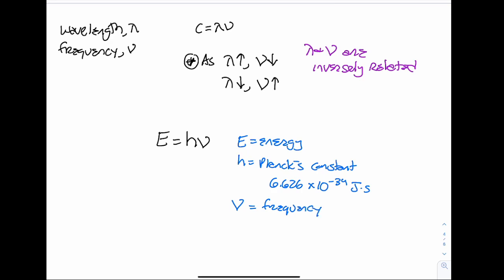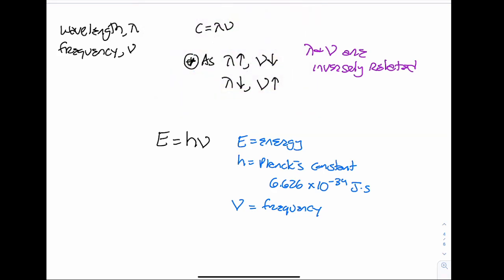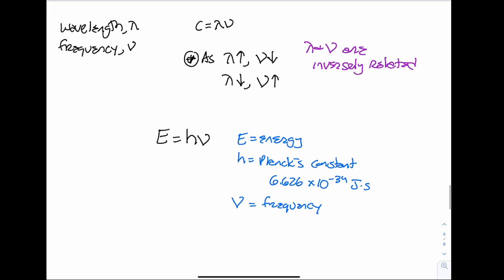So if you take your frequency and multiply it by a constant, so it's not changing, we get the energy. So they are directly related. As frequency goes up, my energy also goes up. So frequency and energy are directly related.